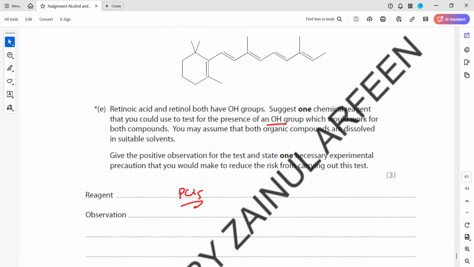And we just have to complete the structure here, making it a carboxylic acid, so C double bonded with O, and OH will be there. They mentioned in the first part to convert an alcohol to a carboxylic acid, and then you can test the presence of OH by adding PCl5, observation misty fumes, and use a fume cupboard.